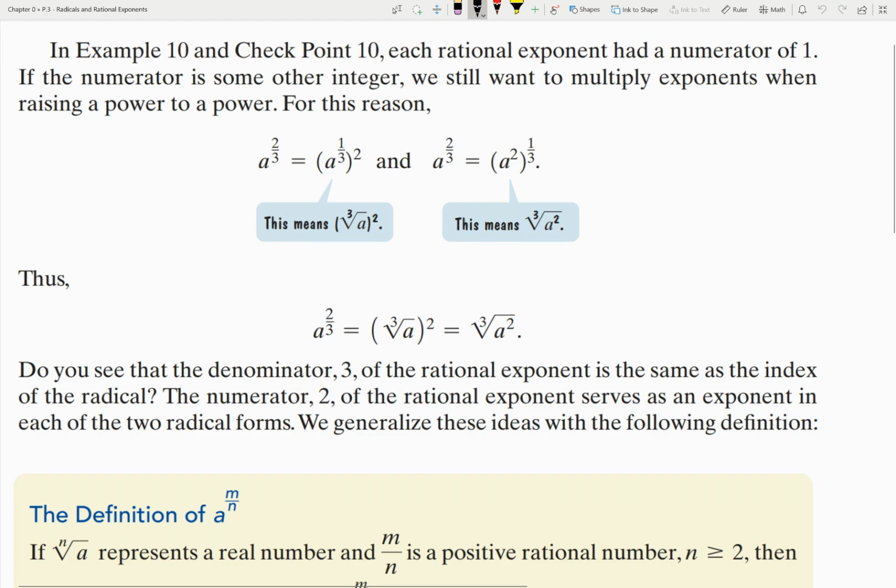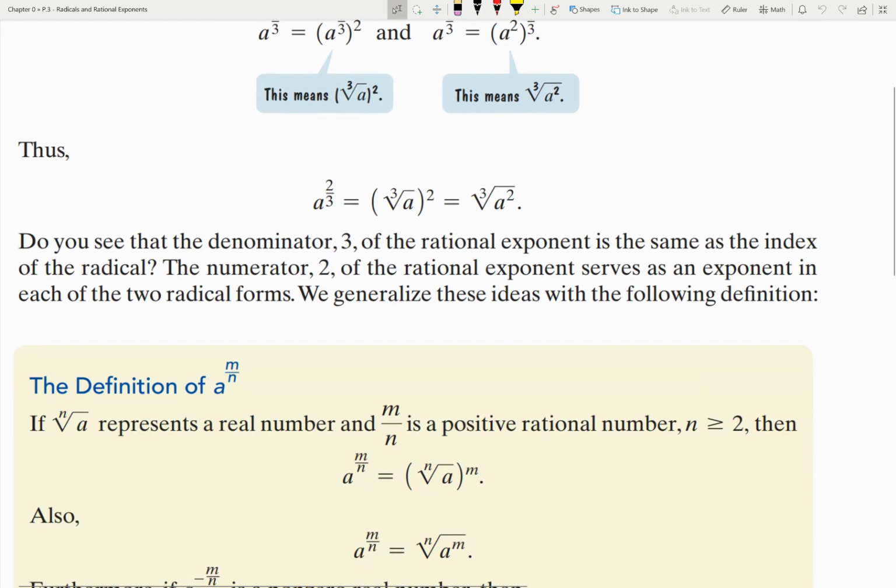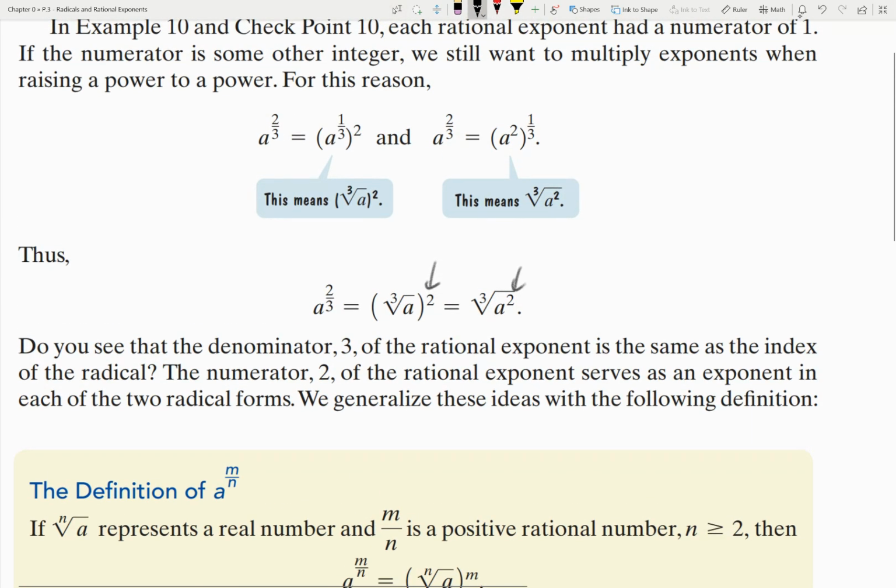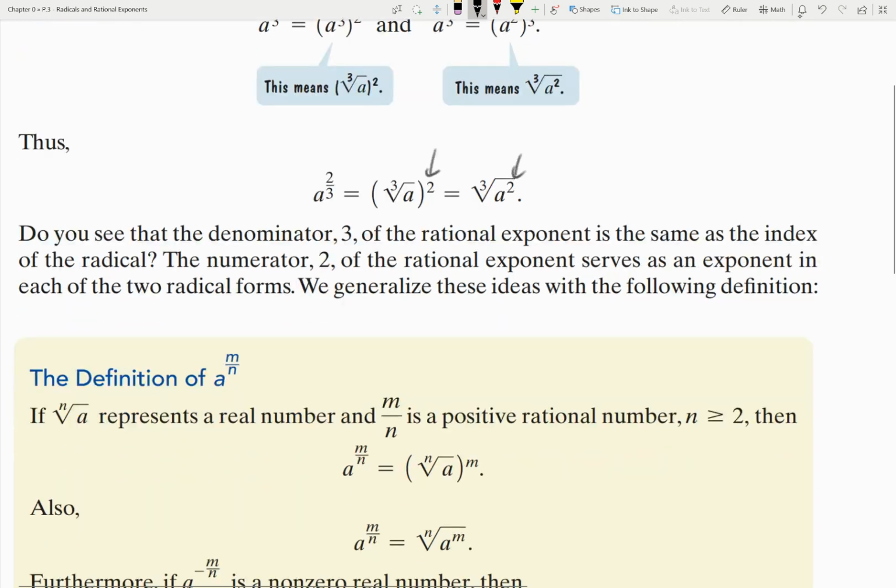So if we have a fractional exponent with a denominator of 3, that becomes the index of the radical, and the numerator 2 becomes an exponent in the radical. Either on the outside or the inside. Doesn't matter which way we do it, because we could do the 1/3 power first, or do the squared first and then raise it to the 1/3 power. Either way, you're getting 2/3 when you put them together.